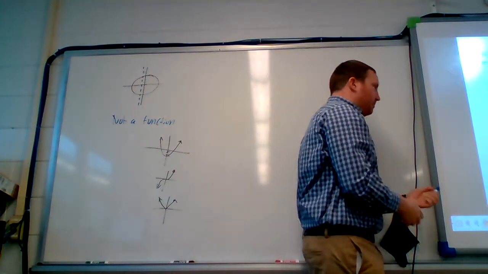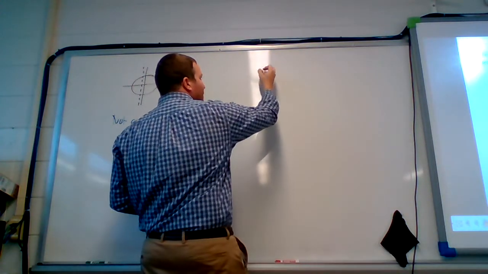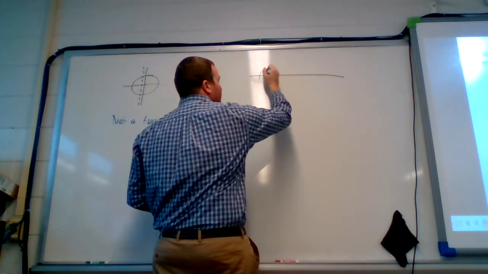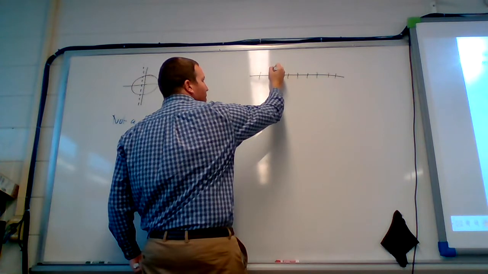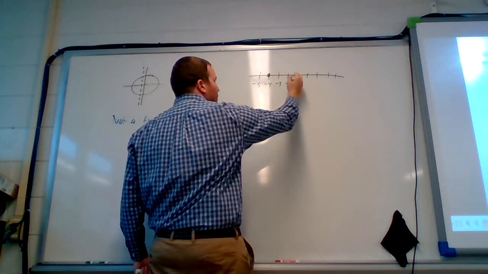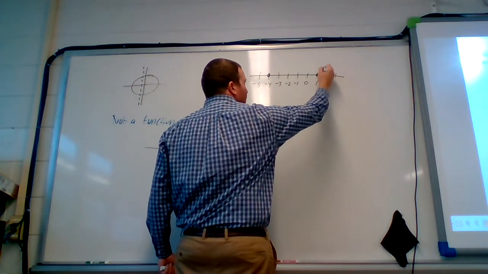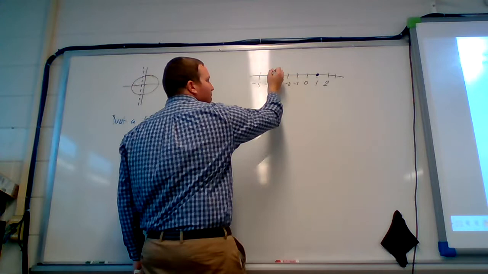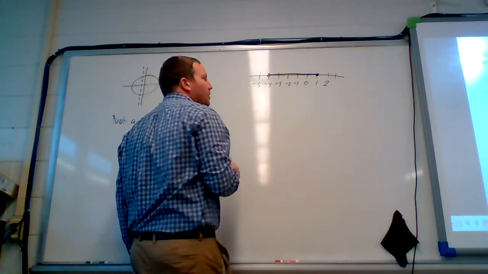So let's do some examples of that. On just a number line, we have an x number line. Say I'm going from the point -4 to 1. So the values in between are included.